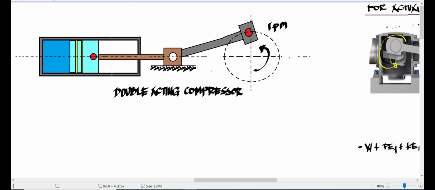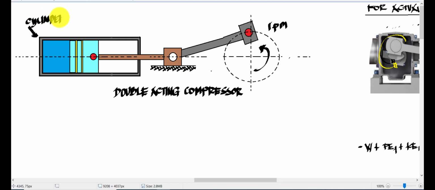For the double acting compressor, initially in a diagram, just for simple representation, we have this one. This part is now your cylinder.